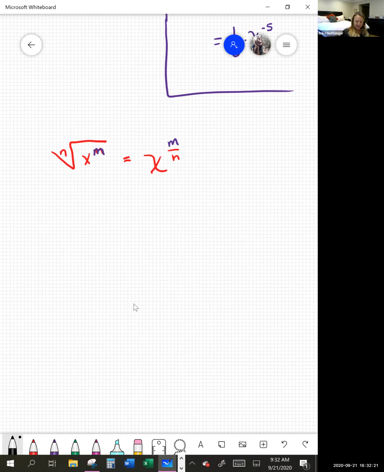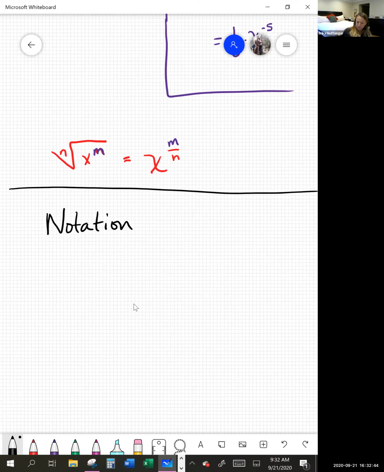Actually, before we do that, let me give you a couple more rules. So rules for derivatives. And before I do that, let me just give you notation. So there's different notation, means the exact same thing, but you just need to be aware of it.